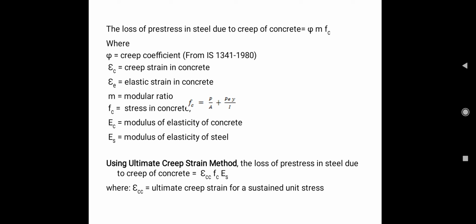So for different ages of a concrete, we have different creep ratios, and epsilon C is creep strain in concrete, epsilon E is elastic strain in concrete, m is modular ratio, which we can calculate by Es by Ec, Fc is stress in concrete, which can be calculated by the formula P by A plus P e squared by I. Ec is modulus of elasticity of concrete, Es is modulus of elasticity of steel.